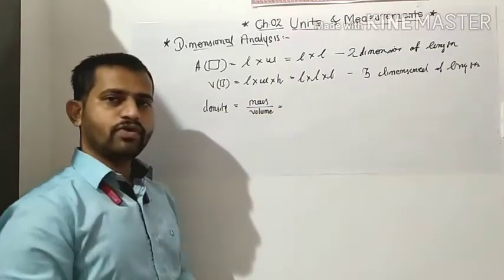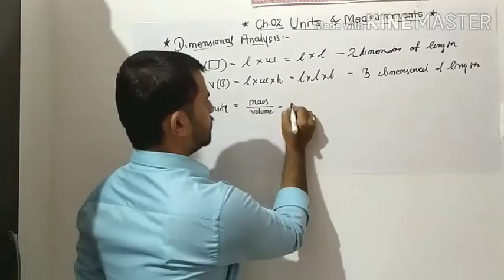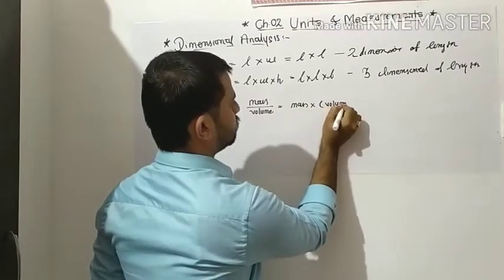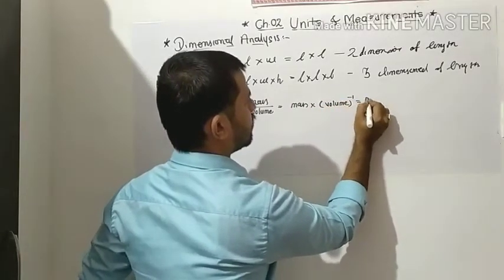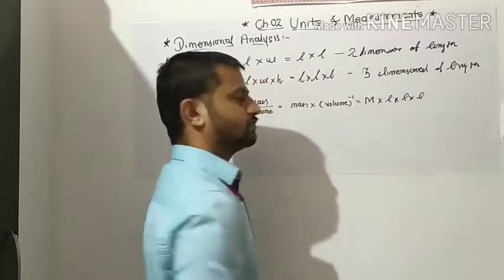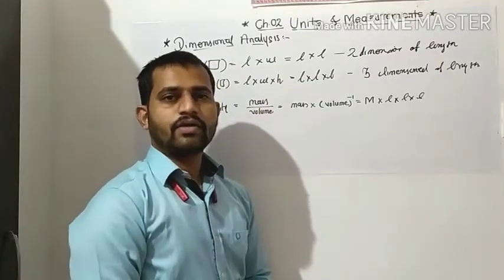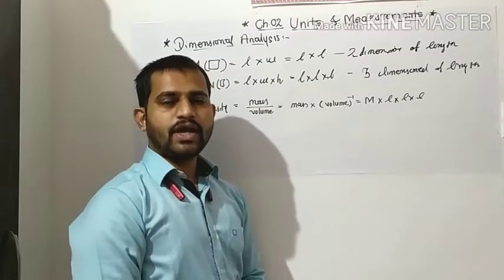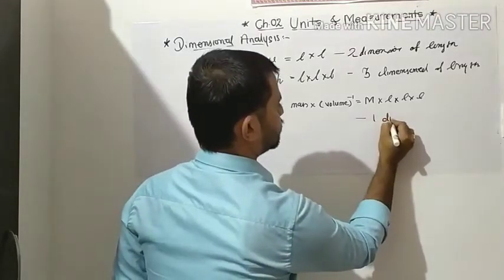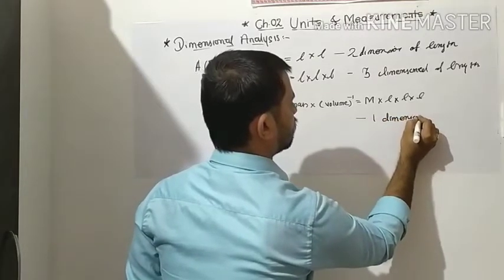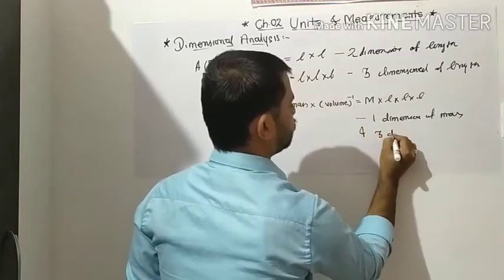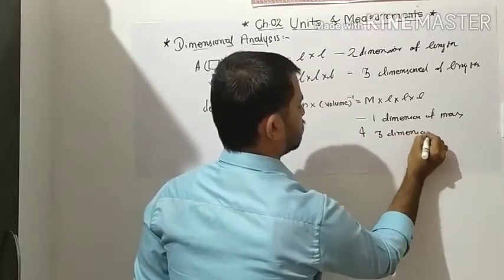So we can write it as mass into volume inverse, or m into L into L into L. That is, density has one dimension of mass and three dimensions of length.